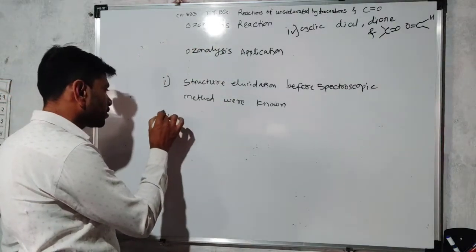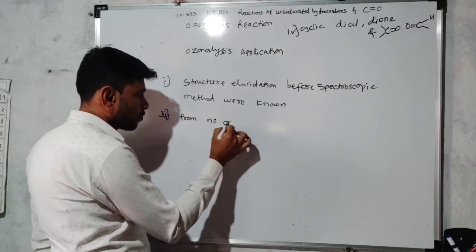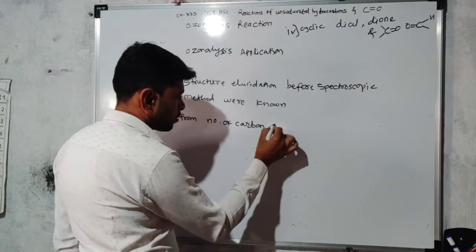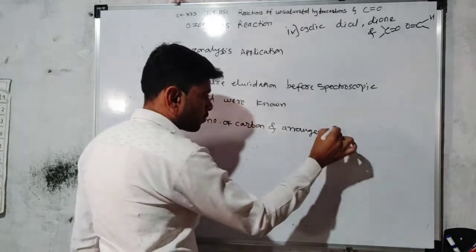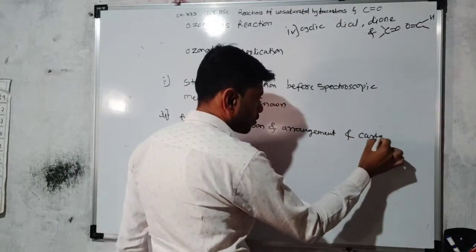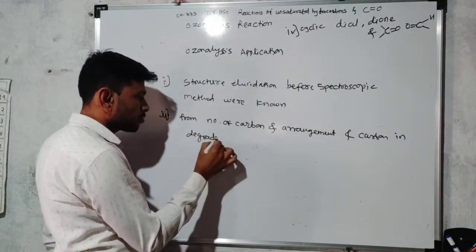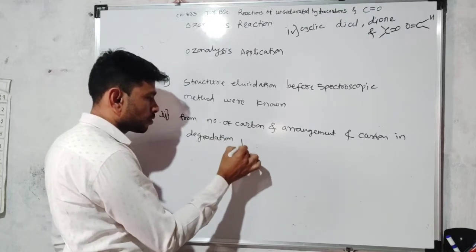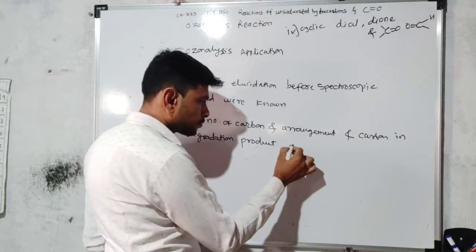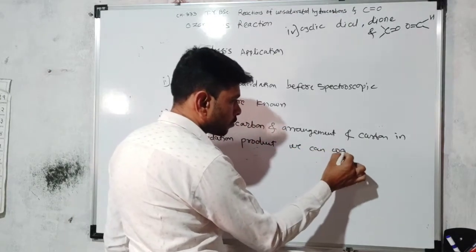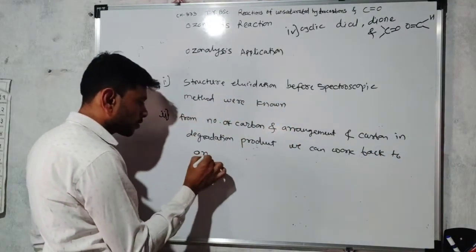And see the second application: from the number of carbons and arrangement of these carbons in the degradation product, we can work back to the original alkene.